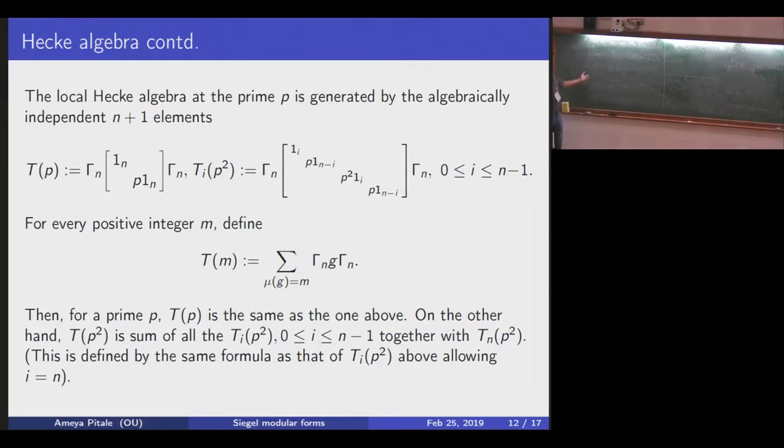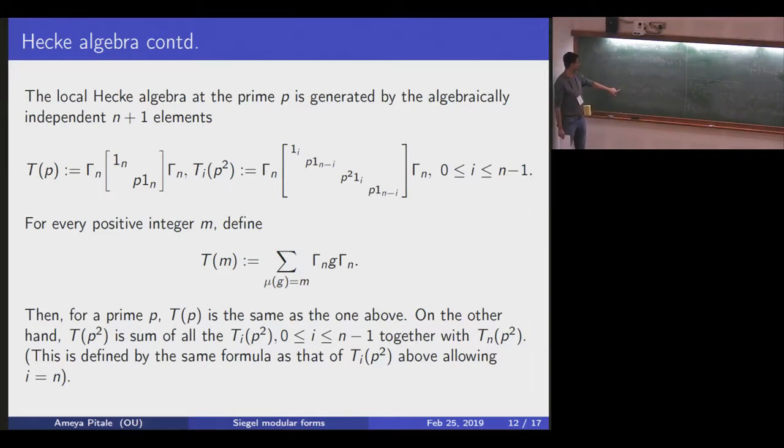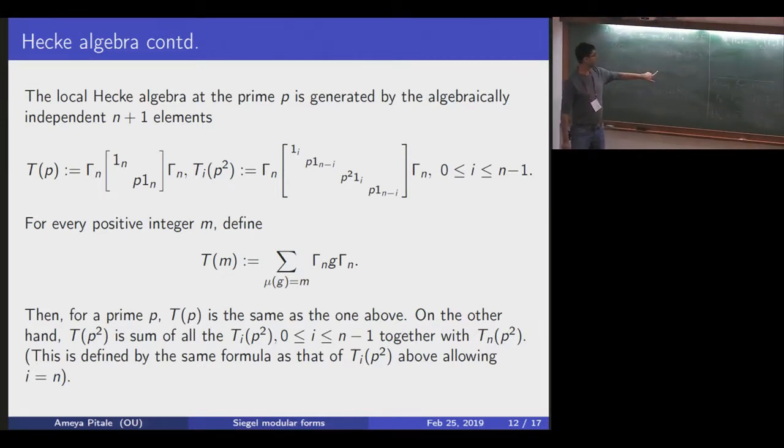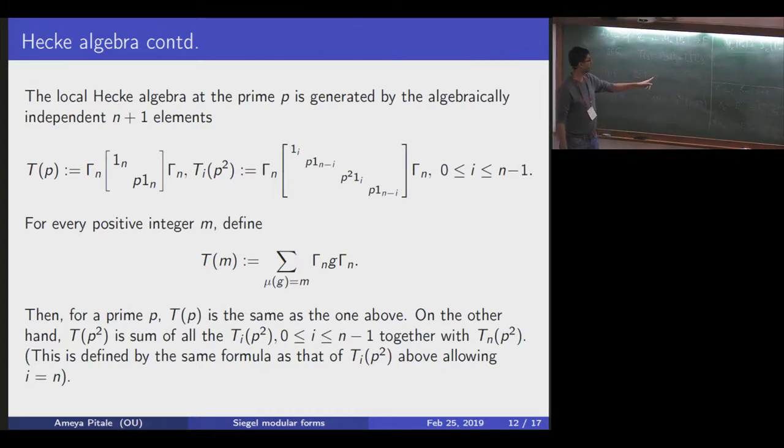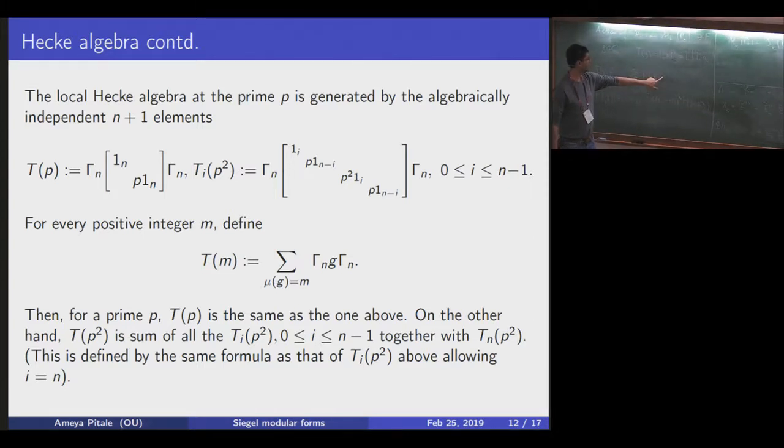And the idea being that if you apply a gamma here, the gamma gets applied to the right, but you can move it to the left by changing the representatives of the single coset decomposition.